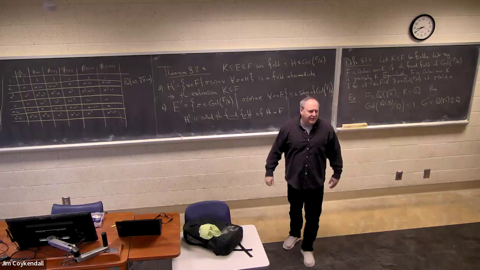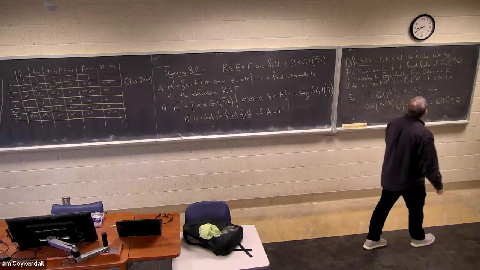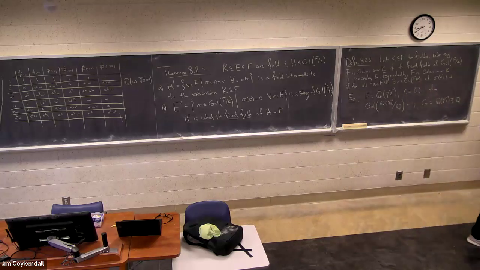I find this equivalent way of stating it sometimes useful. What it means to be Galois is if you have anything that's in F but not in the fixed field K, there's some automorphism that moves it. All right.